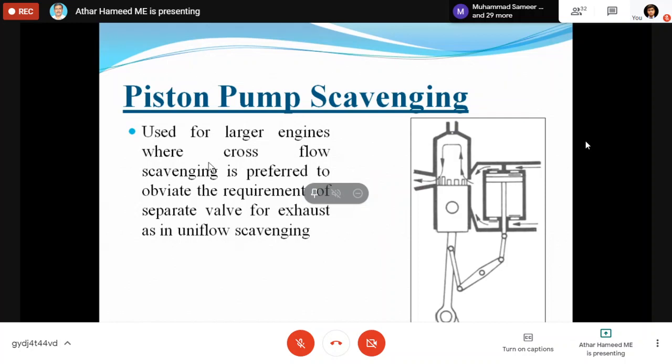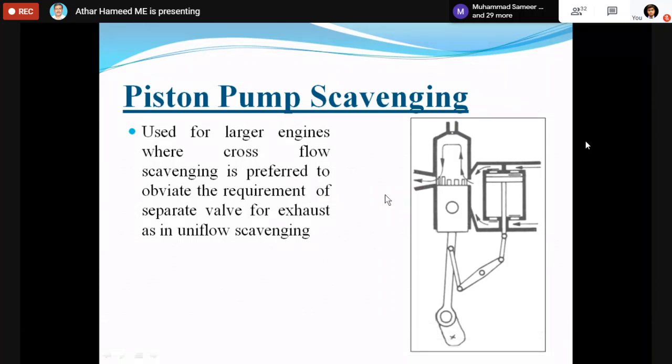This is used for larger engines where cross flow scavenging is preferred, to obviate the requirement of a separate valve for exhaust as in uniflow scavenging. Why is cross flow scavenging preferred? We do not want to have an extra valve on the top. So this is for cross flow scavenging for the larger engines.